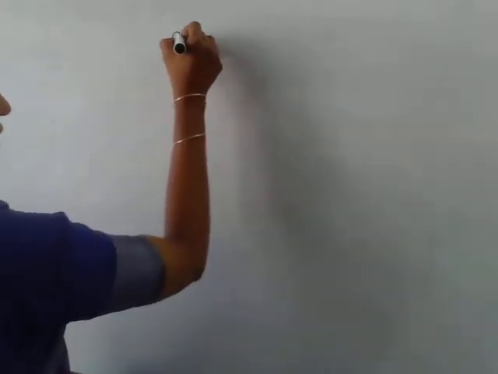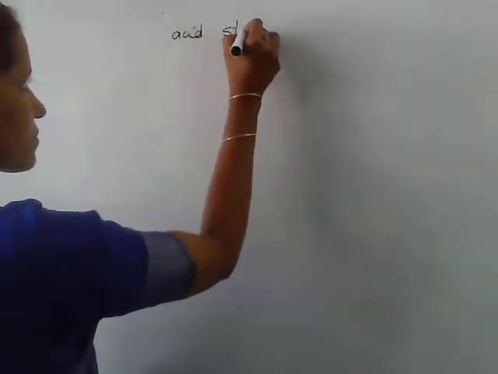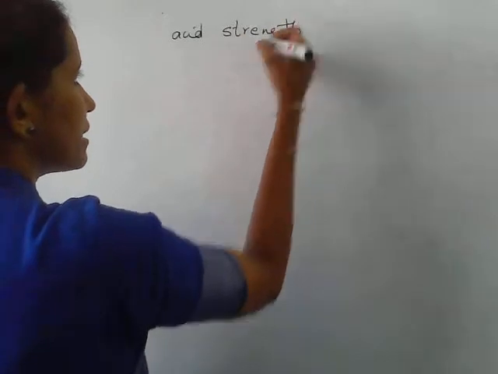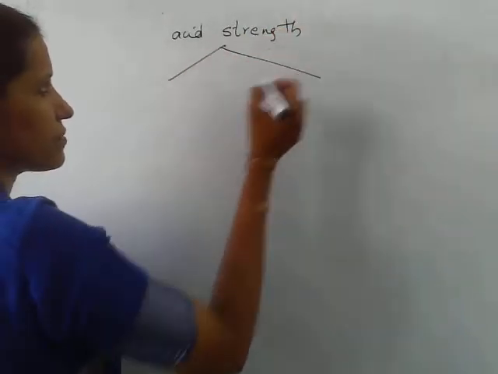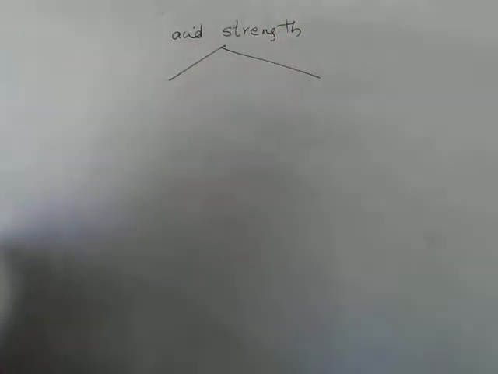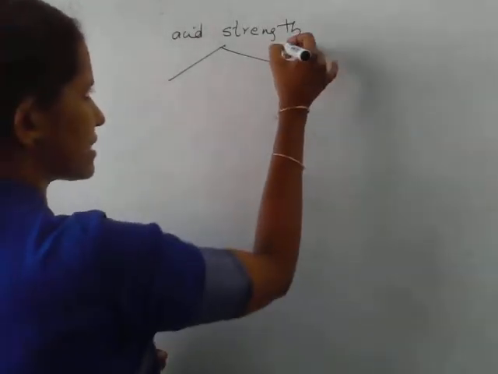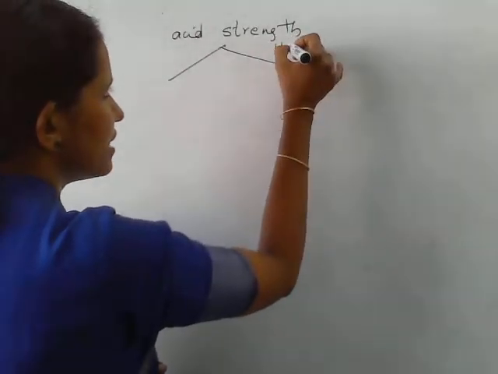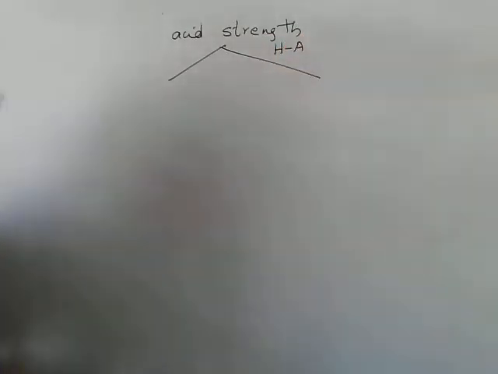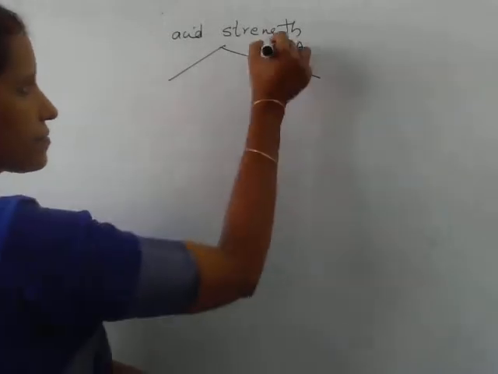Strength of an acid. Acid strength depends on 2 factors. Let us consider an acid of general formula HA. HA is an acid.